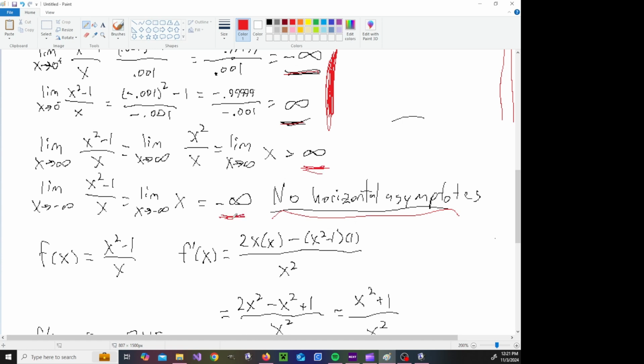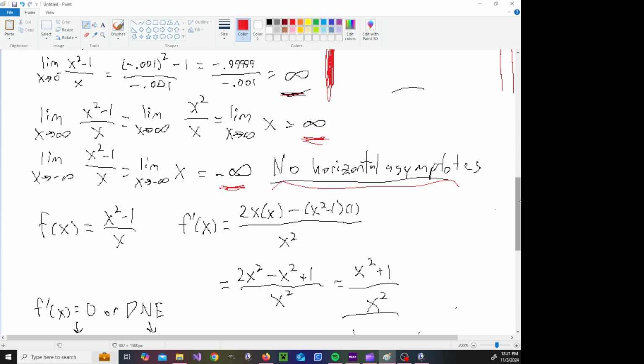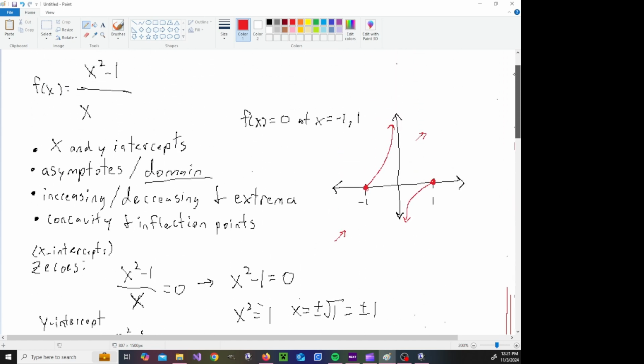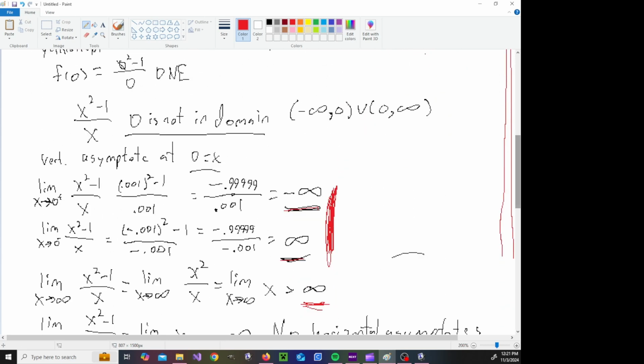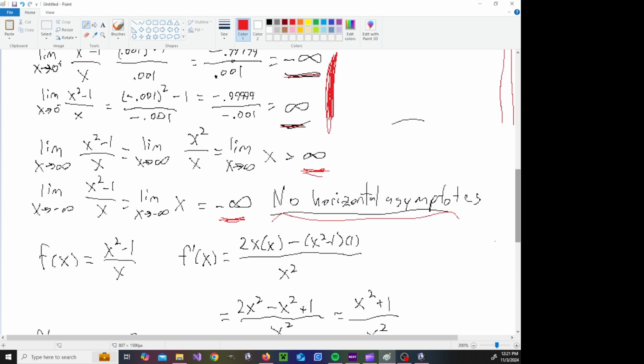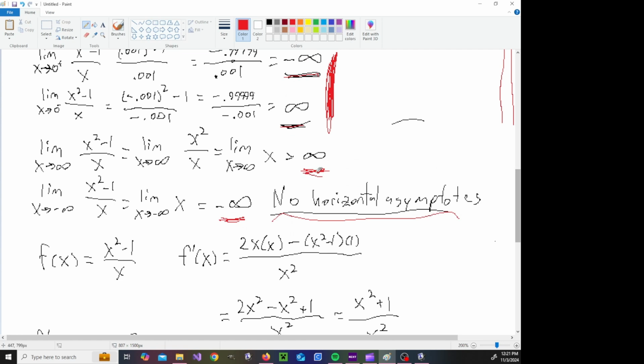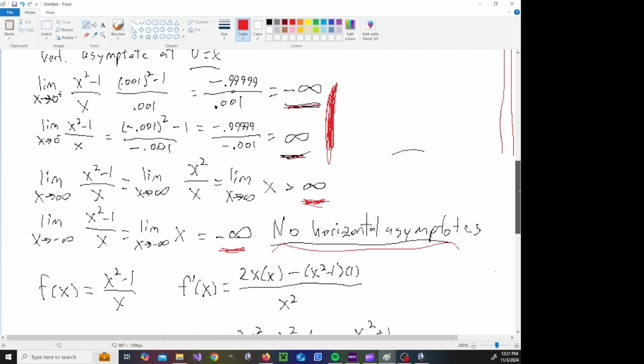To the left, I need to go to -infinity. Let me read that again. So to the right, I go to +infinity. To the left, I go to -infinity.